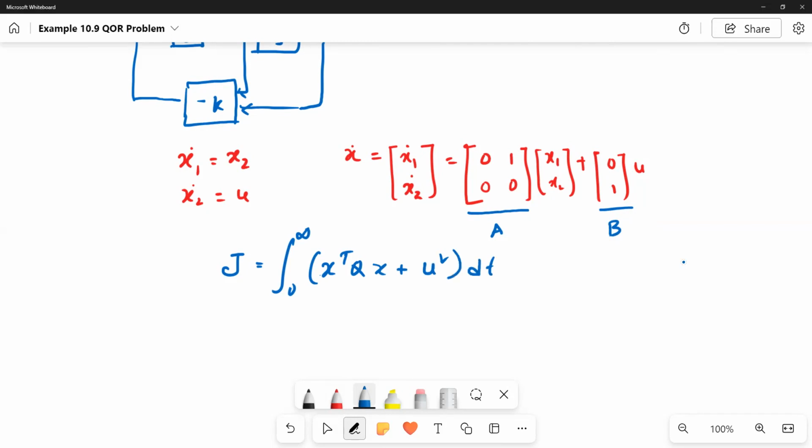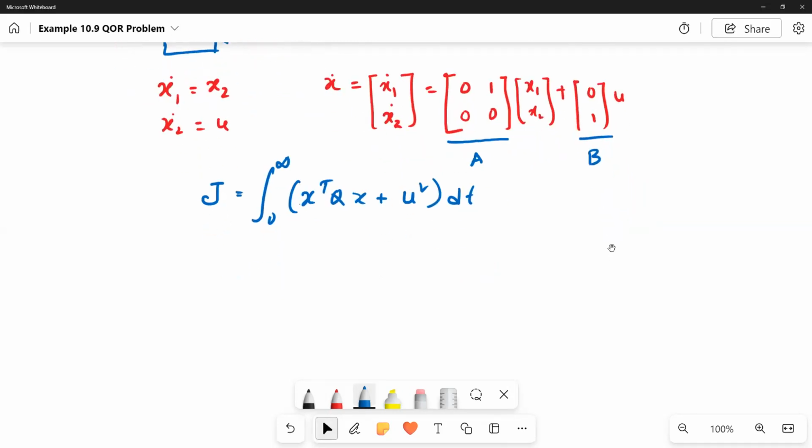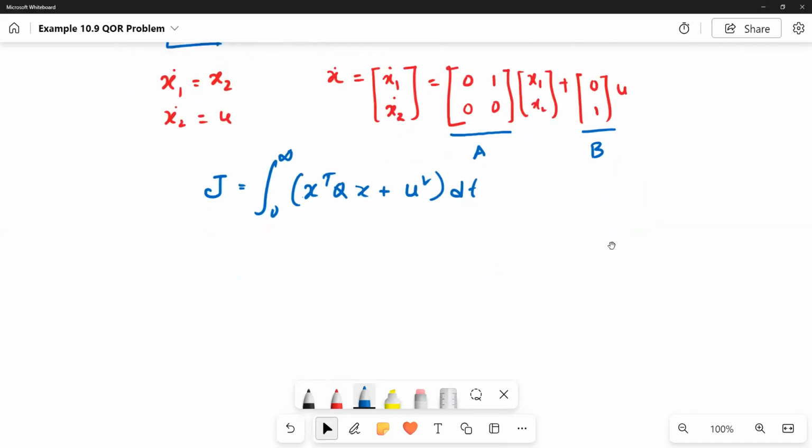As you can see, R is not given separately, but Q is given. They have said that Q is of this nature: 1, 0, 0, mu, where they have kept mu arbitrary. So you can have any value greater than or equal to 0. So this is interesting.